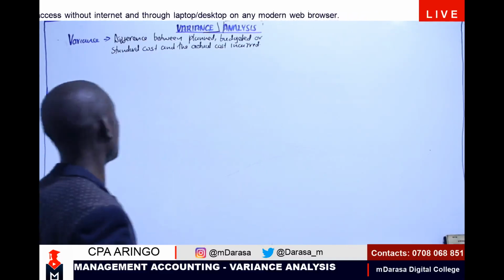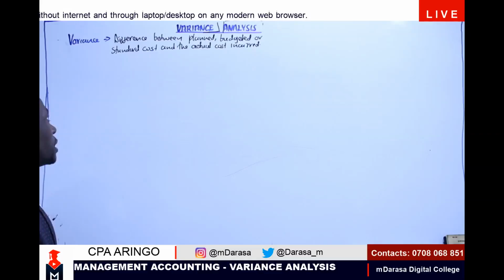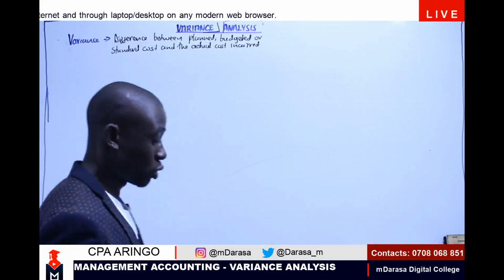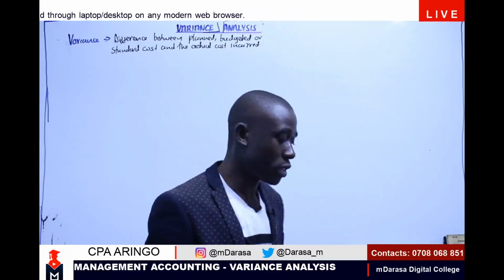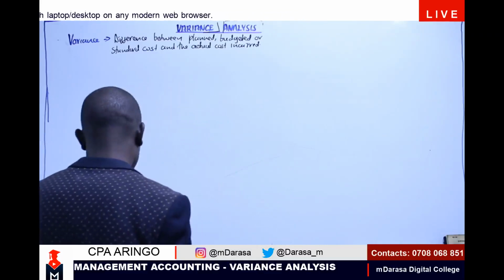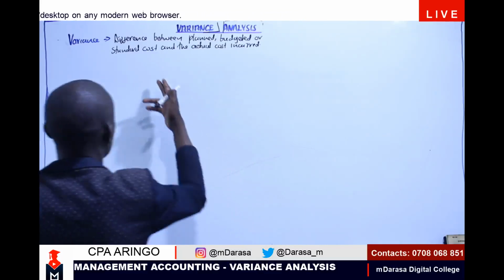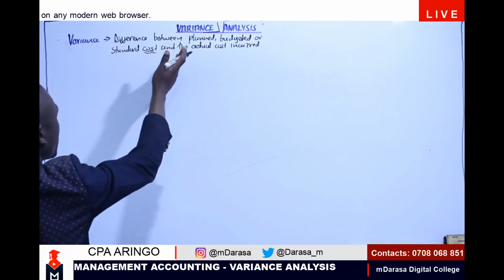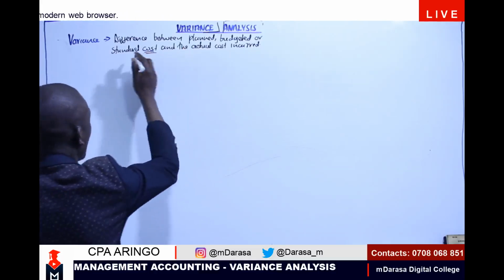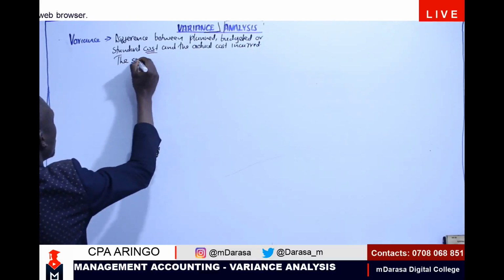Variance is the difference between planned, budgeted, or standard cost and the actual cost incurred.